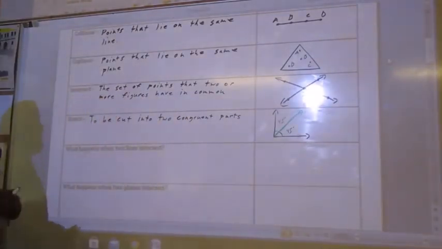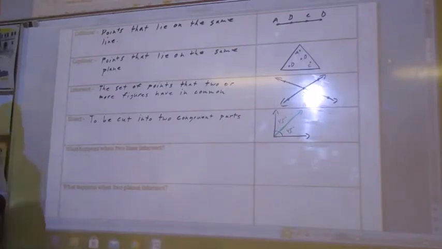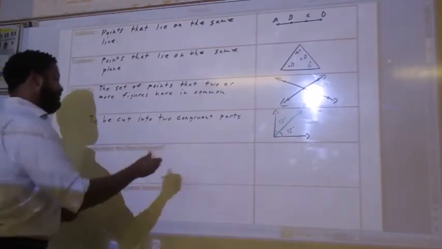So, what do you think happens when two lines intersect? It becomes an intersection. What happens when two lines intersect with each other? They either do this. What is made? Intersection point. Yes. That's what I said.